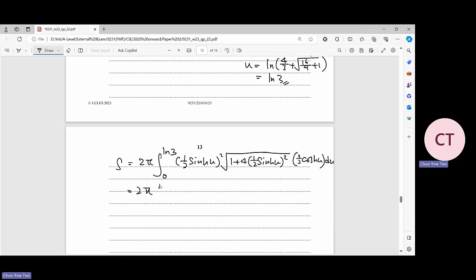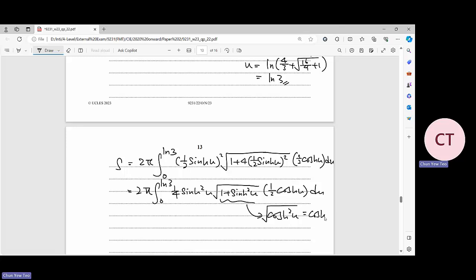Expand and simplify. So we will have a lot of things to do over here. You get 1/4 sinh² u, √(1 + sinh² u), half cosh u du. You need to understand that √(1 + sinh² u) is the same as √(cosh² u); if you square root it, you will get cosh u.